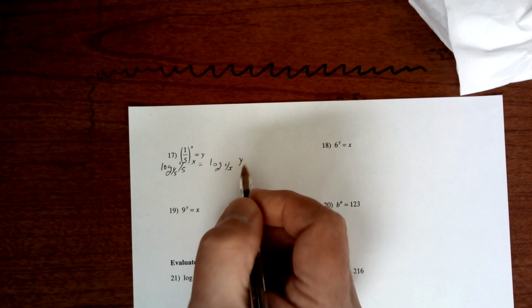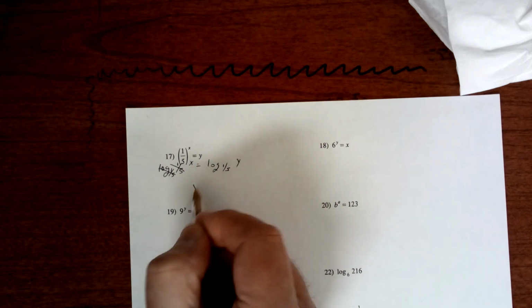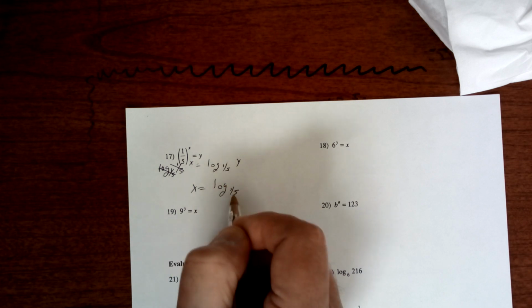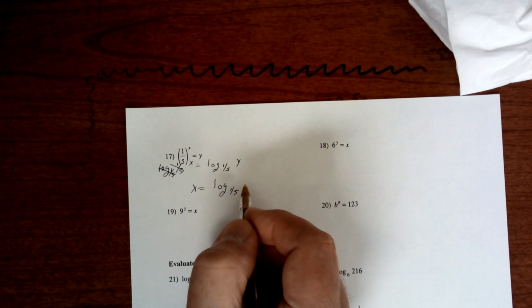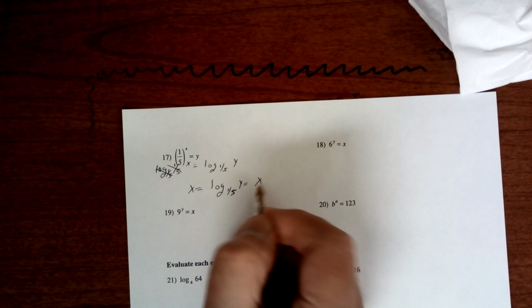And then this cancels. So you're going to get x is equal to log base 1/5 of y, and y equals x.